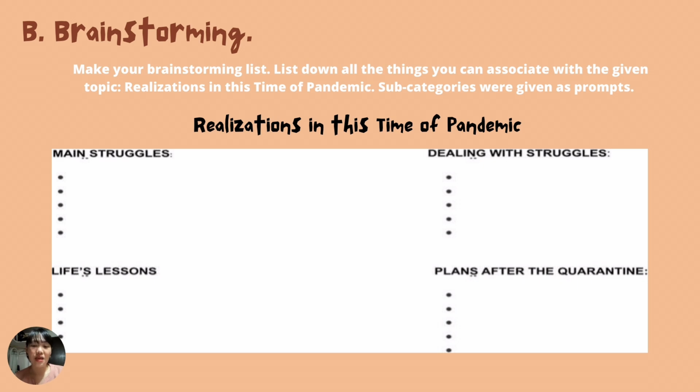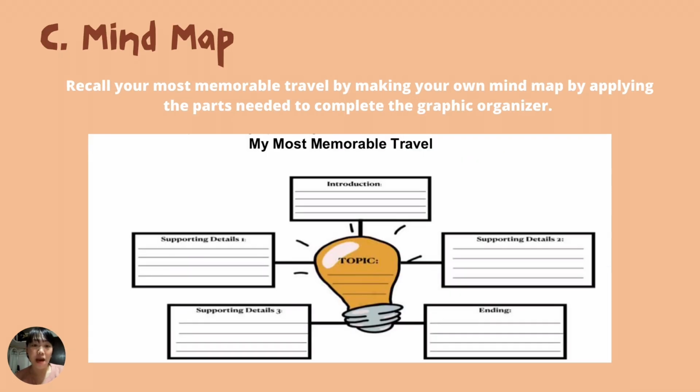Okay, and then next activity, you have the mind map. The instruction is: recall your most memorable travel by making your own mind map, applying the parts needed to complete the graphic organizer. Here on the screen is presented my most memorable travel.